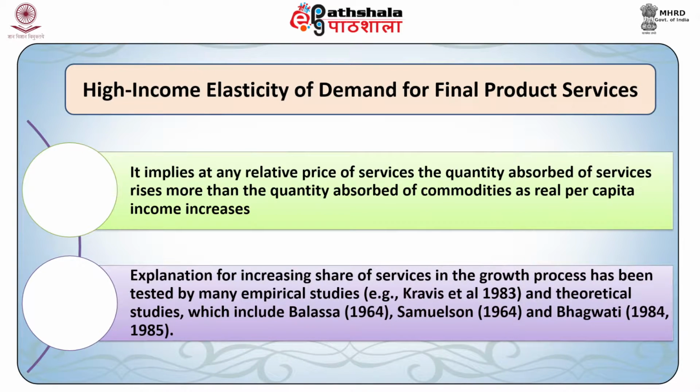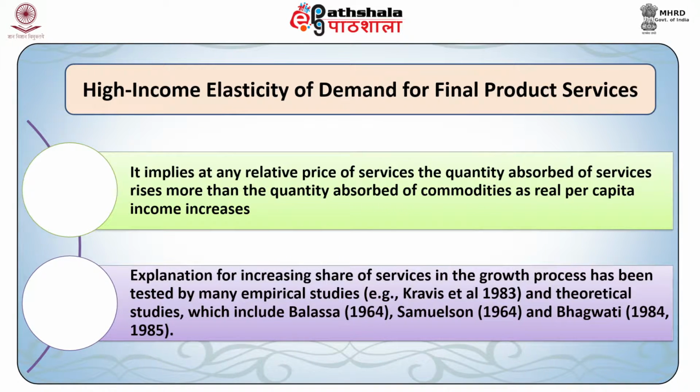The high income elasticity of demand for final product services implies that at any relative price of services, the quantity absorbed of services rises more than the quantity absorbed of commodities as real per capita income increases.